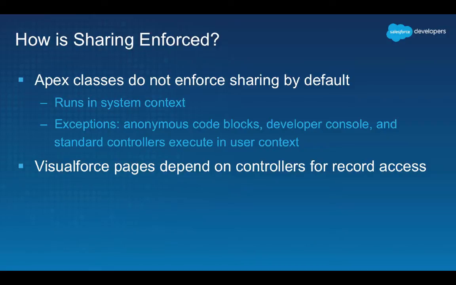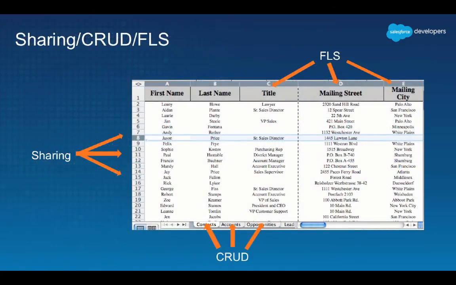It's just the Apex. So here's a little chart to explain where sharing, CRUD, and FLS meet. We'll start with CRUD. We've got our spreadsheet here, and it has all of our objects, and each object has a few fields, and every object has instances. CRUD affects the object type itself. Contacts is an object. Accounts are objects. Opportunities are objects. CRUD controls access to that object as a whole. FLS controls access to fields on that object. Title is a field of a contact.